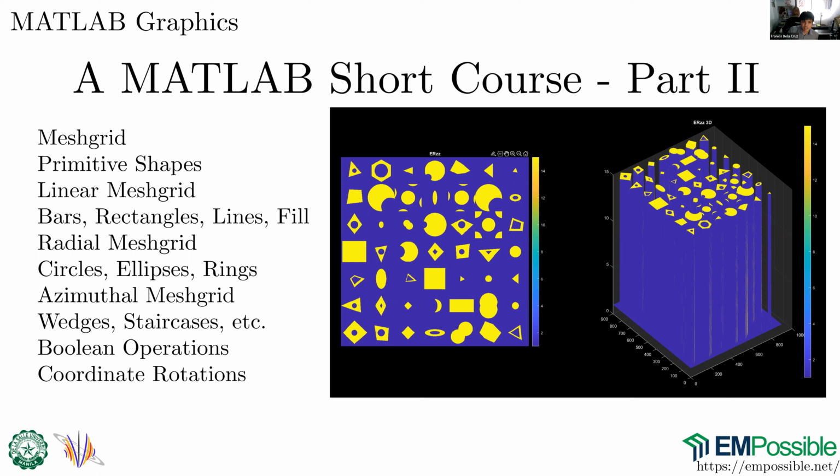So you have mesh grids, you will be making primitive shapes, linear mesh grids, rectangles, lines, fields, radial mesh grid. What is a mesh grid? Circles, ellipses, rings, azimuthal, mesh grids, Boolean operation, and or XOR, XNOR, or not everything.